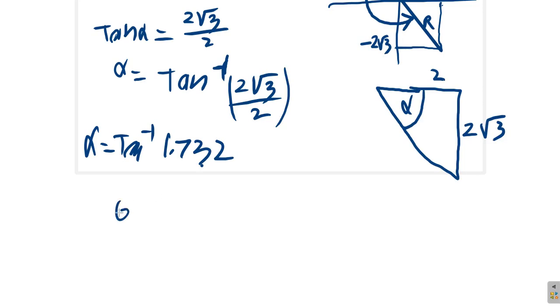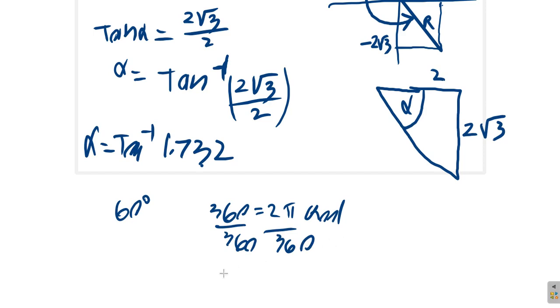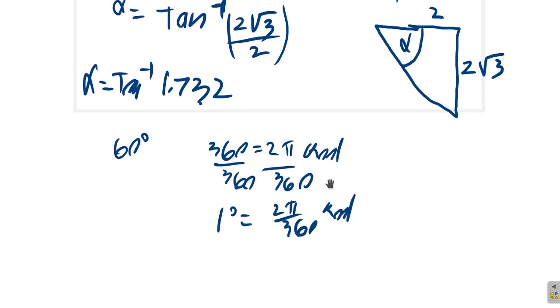60 degrees is how many radians? Remember, 360 degrees is 2 pi radians. So if we divide both sides by 360, 1 degree is equal to 2 pi over 360 radians. That's if you're asked to do it in radians. You'll use a calculator.